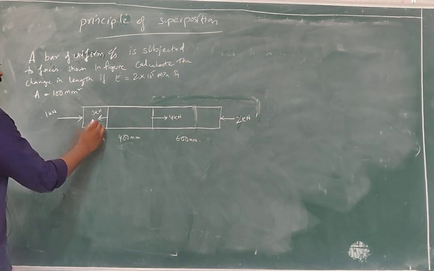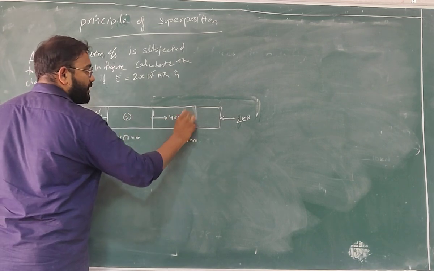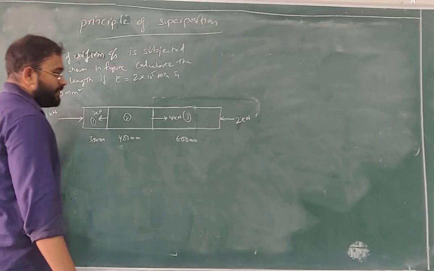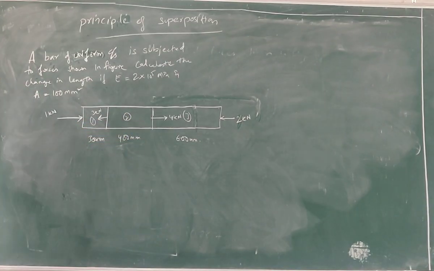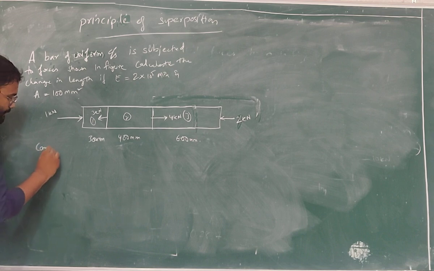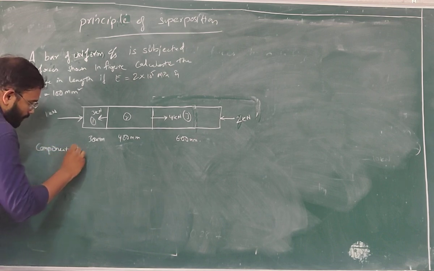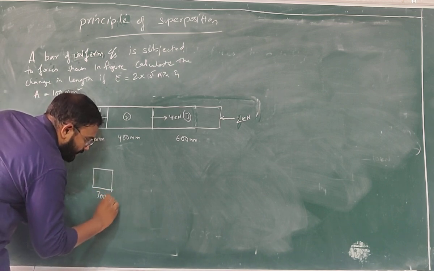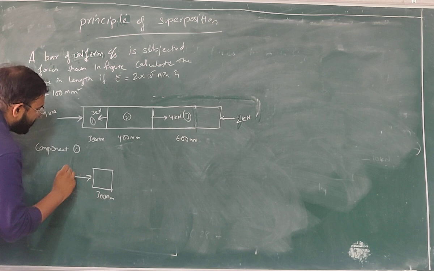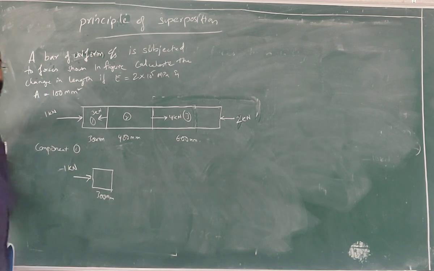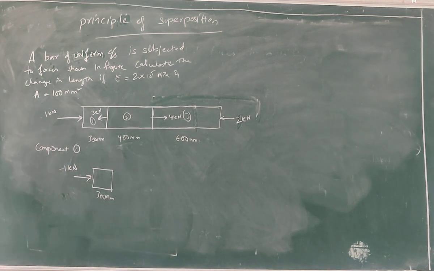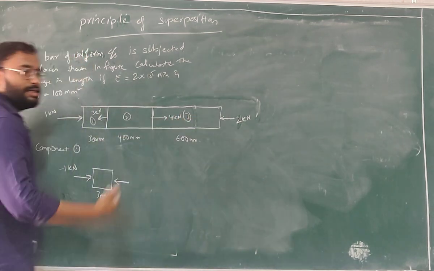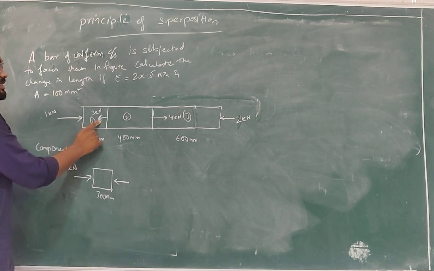Okay, now again resolve this into three components, 1, 2 and 3. You have three components again, 300, 400 and 600 are the lengths respectively, and forces are shown in figure. Okay, now component 1, it is a box of again 300 millimeter subjected to a compressive force minus 1 kilonewton on this side. Now I need to calculate what forces are developed on the right side. So this is tensile or compressive?